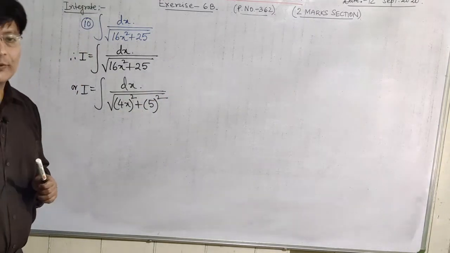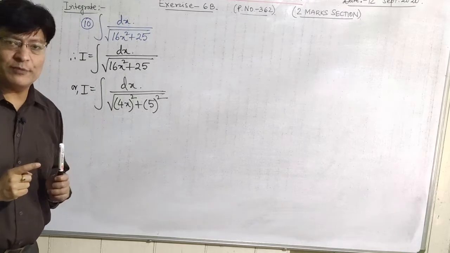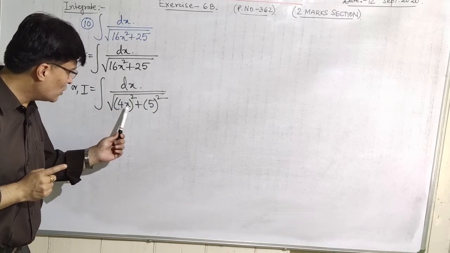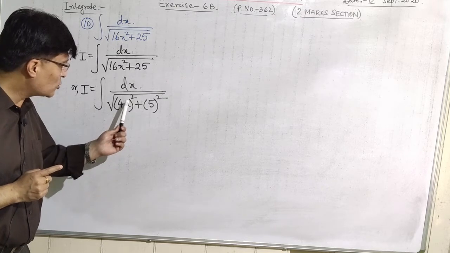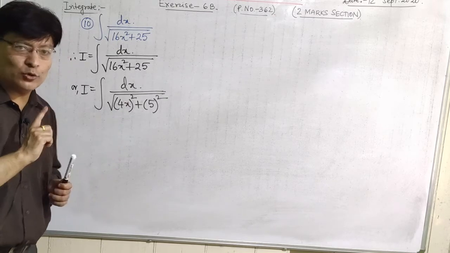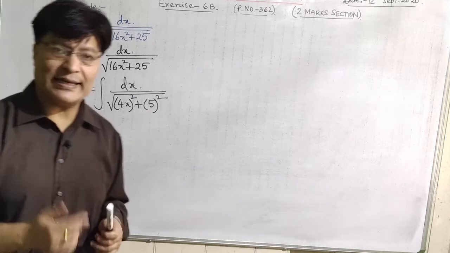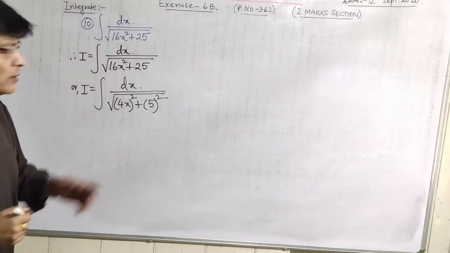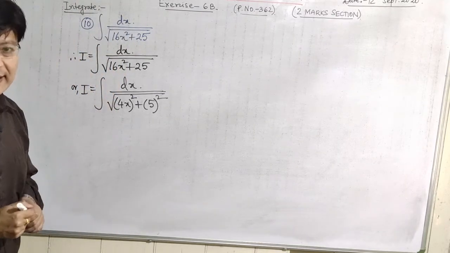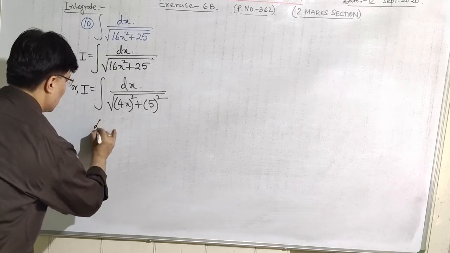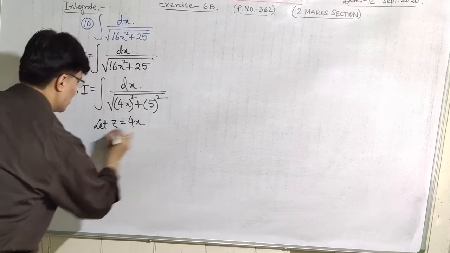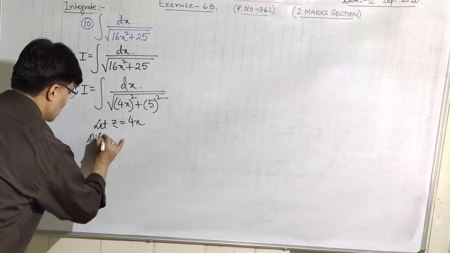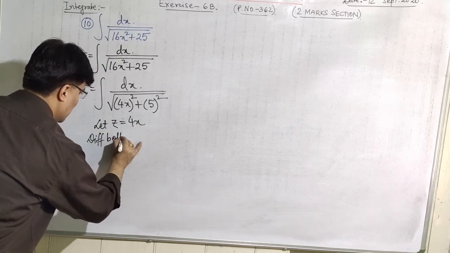But you can't use the standard form here because within whole square the coefficient of x is 4, so we cannot use the standard form directly out here. So let us assume this 4x as z. So let z is equal to 4x. Okay. So differentiating both the sides.